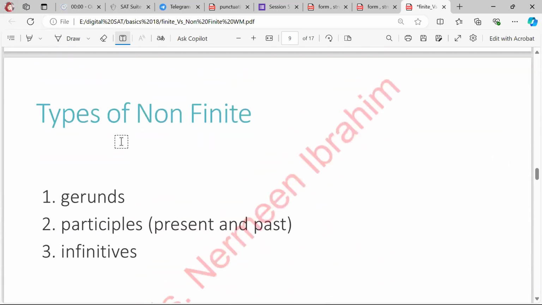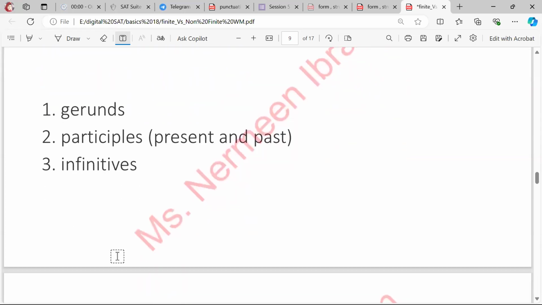So what are those non-finite verbs that do not change with the change of the subjects, do not show any tenses, and do not act as main verbs? These are the ones: gerunds, participles, and infinitives.